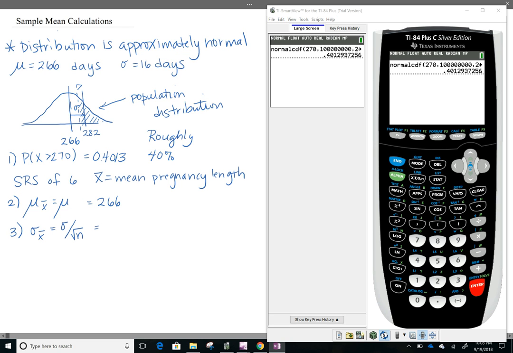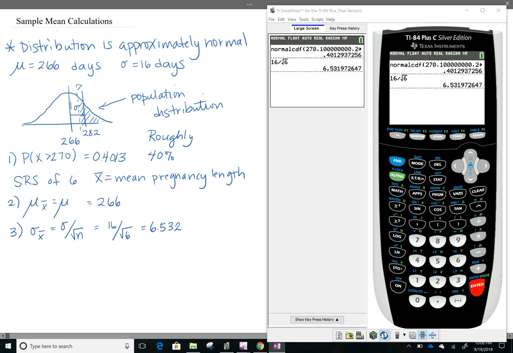This is equal to 16 divided by the square root of 6, which gives me a standard deviation of 6.532.